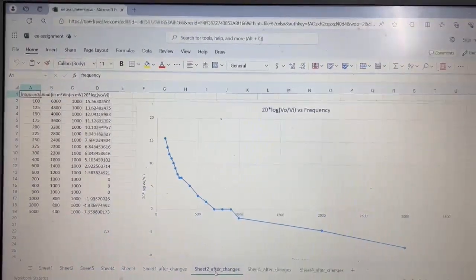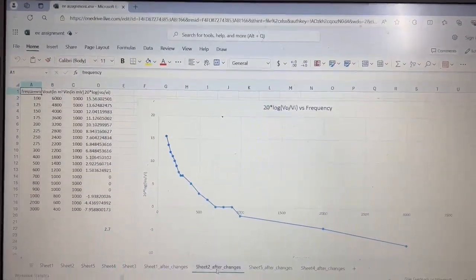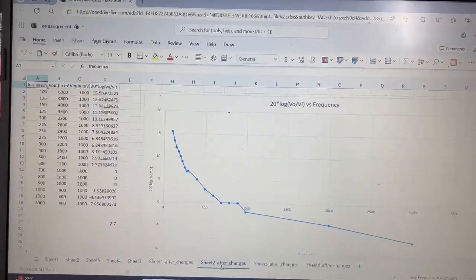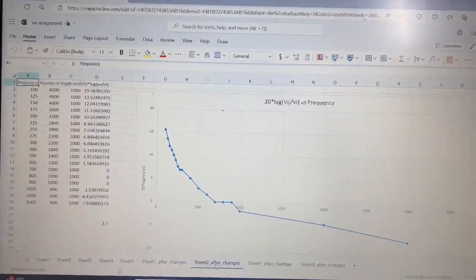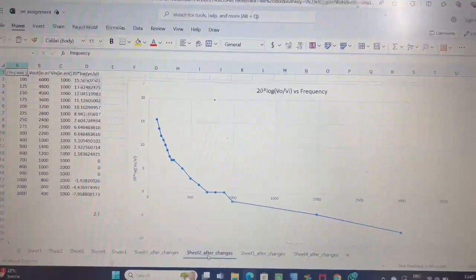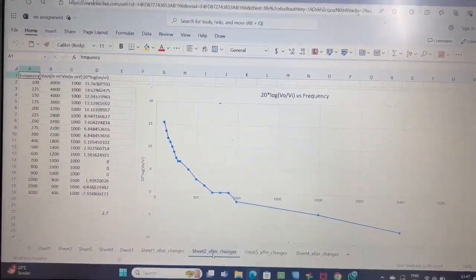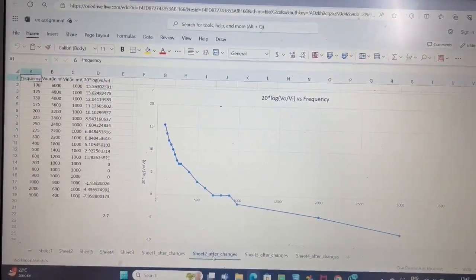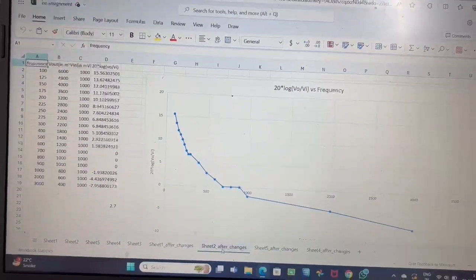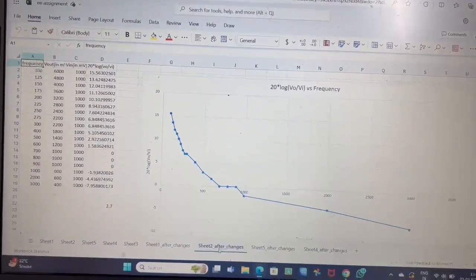And this is the data and graph of the integrator circuit using the 2.7 kilo ohm resistor. Here we have calculated 20 log V output by V input, and here also we can see the graph, which is 20 log V output by V input versus frequency. Here we have changed the frequency 100, 125 until 3000.